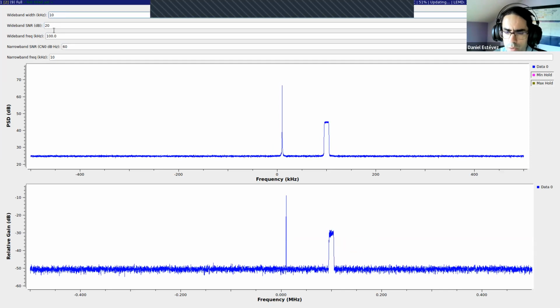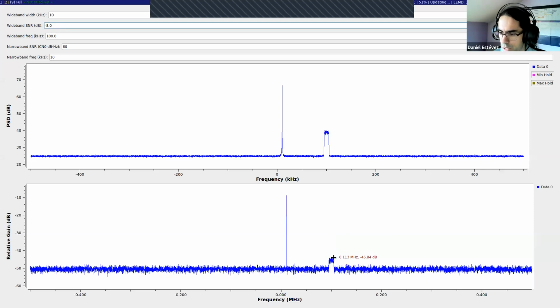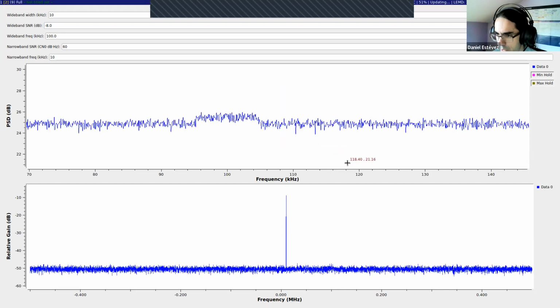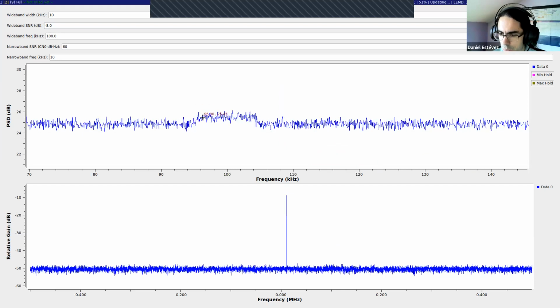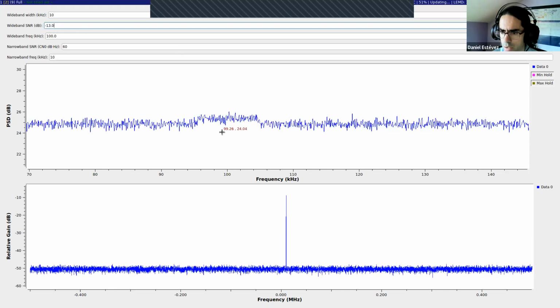But what I really want to do is to set the signal to noise ratio to something crazy low, such as minus 8 dBs. And in here, you can see this is exponentially dropping. This is averaging now. But you can see it. So you can also see it here, but maybe not so clearly. So here we are detecting a signal. I think we can even go to minus 13, or maybe that's too much of a stretch.